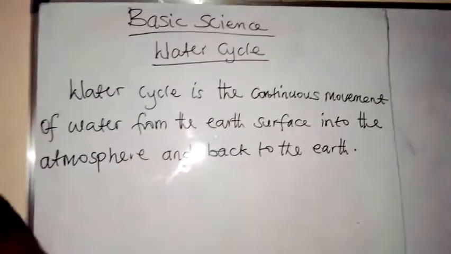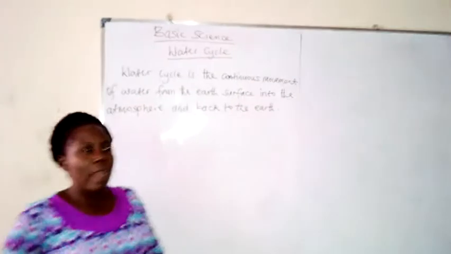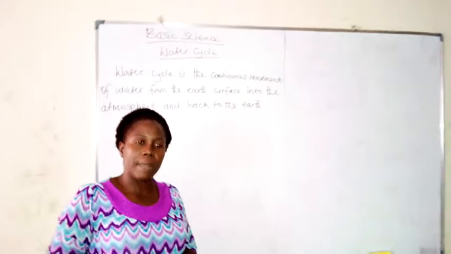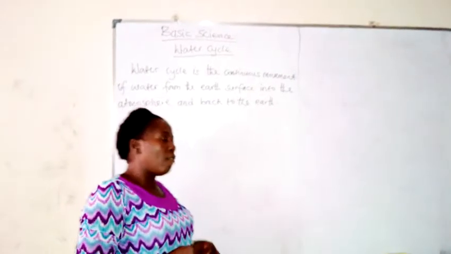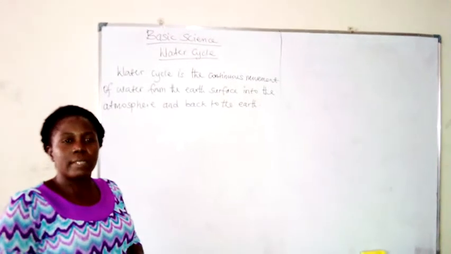So water leaves the earth's surface into the atmosphere, and after a while it comes back to us again as water. This continuous movement of water is what we refer to as the water cycle.